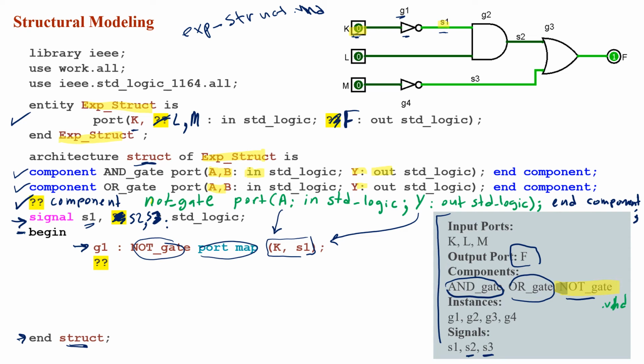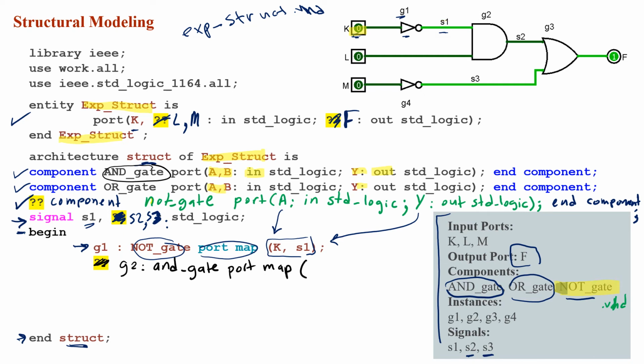So I'm going to start declaring my second gate. I will say G2. What is G2? G2 is actually an AND gate. So I will say AND underscore gate, the exact same way I declared it as a component. The keyword port map, two words, brackets.